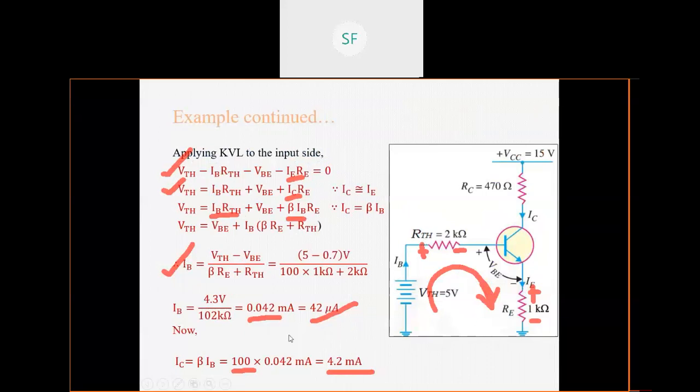So anyone, just verify whether these values are correct or not. All right. I hope these values will be correct. If they are wrong, you can tell me later, okay.